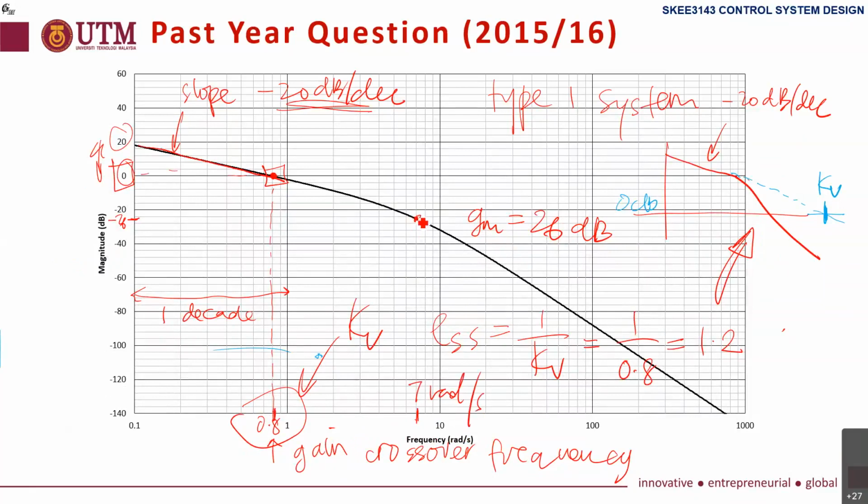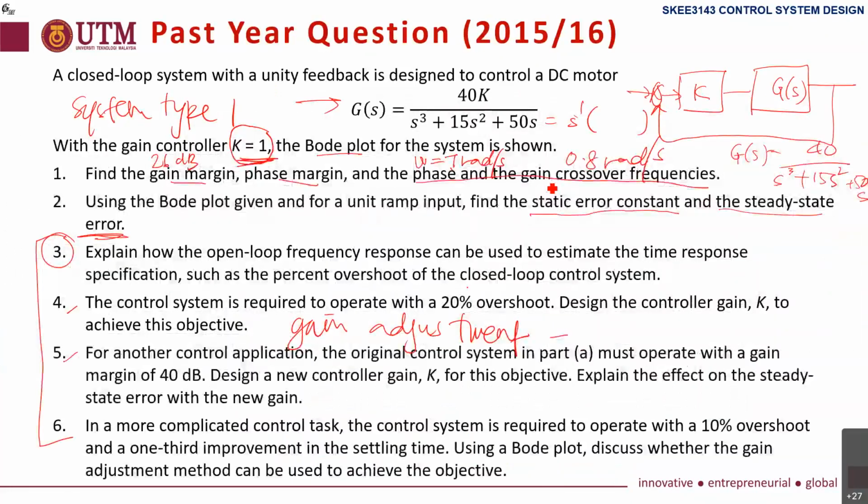So at 7 radian per second, this is the gain margin. The gain margin here is 26 dB. You remember, when the system is stable, then gain margin is positive. So we get 26 dB gain margin. And then we need phase margin.